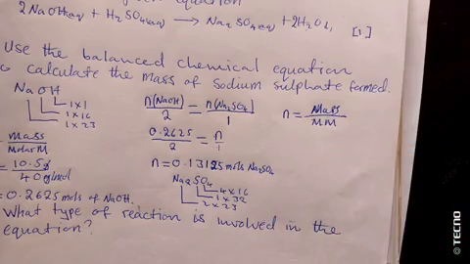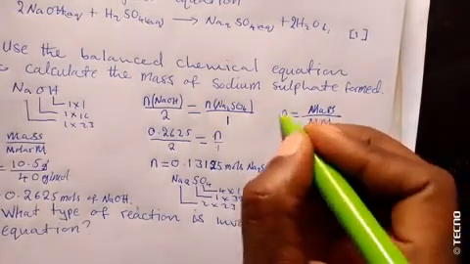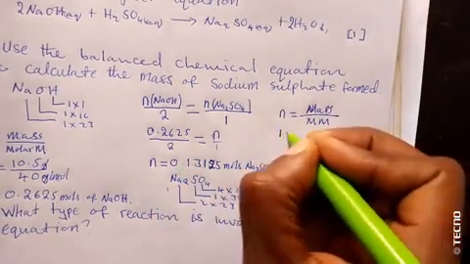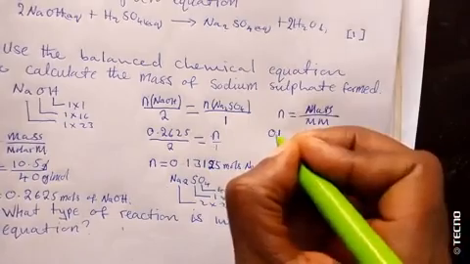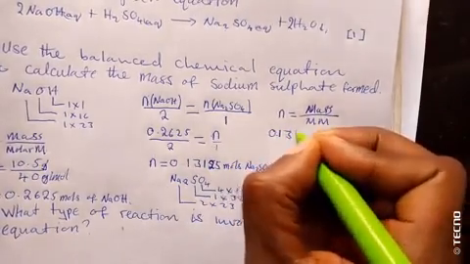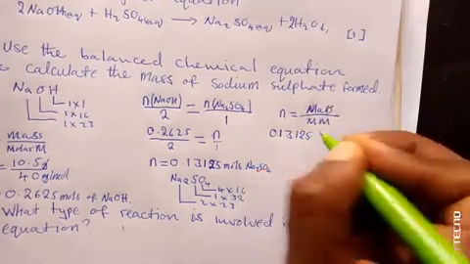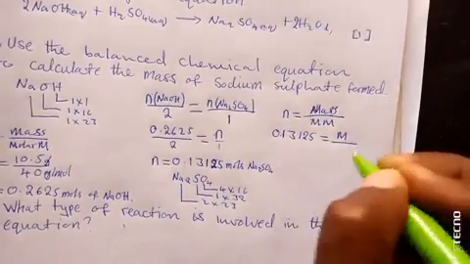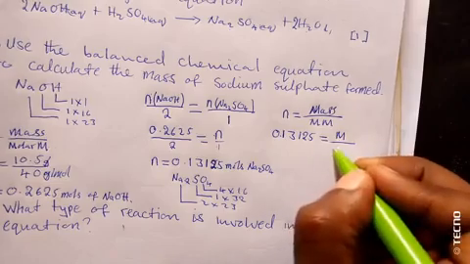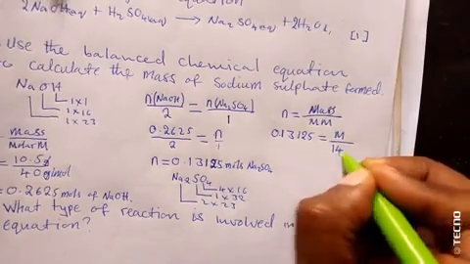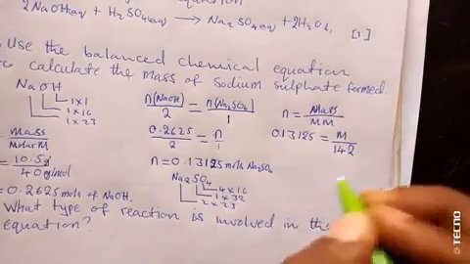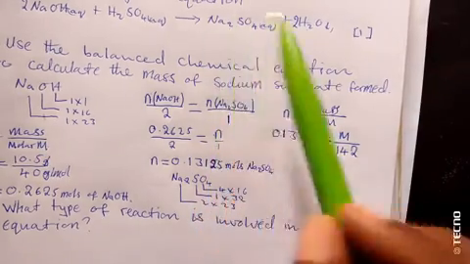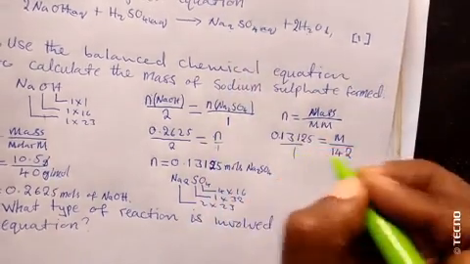So having that 142 as your molar mass, you replace by this mole, which is 0.13125, is equal to mass over 142, which is for this one. So we just multiply this and this.